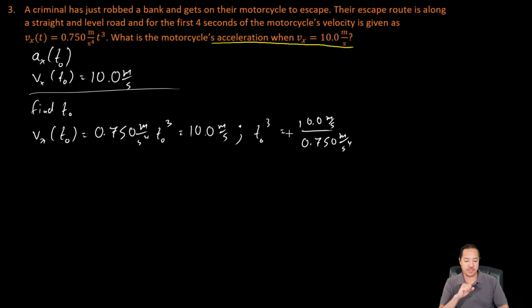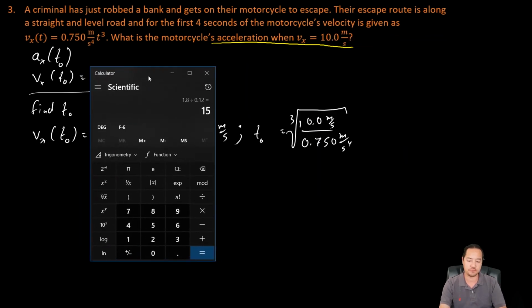What we could do then is cube root both sides, and this will allow us to get rid of the cube and solve for t naught. Let's plug in some numbers and see what we get. 10 divided by 0.75 gives us this number here. We want to take the cube root. Unfortunately, my calculator does not have a cube root function, so I'm going to use the exponent.